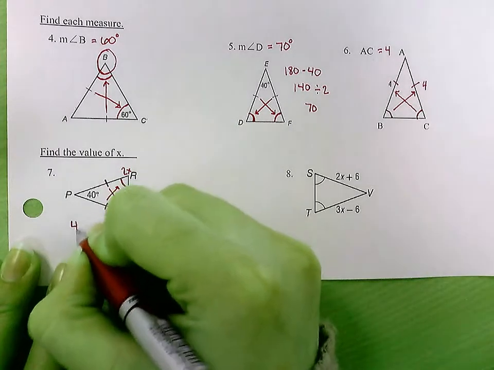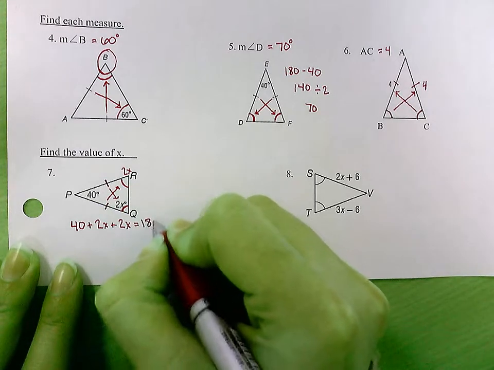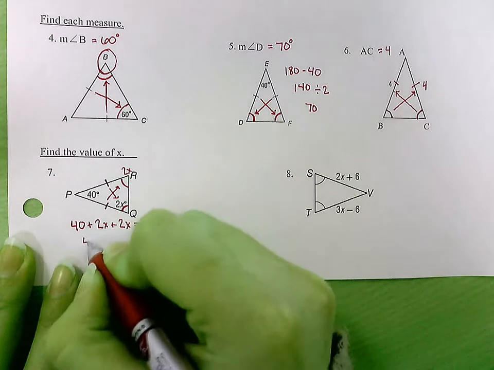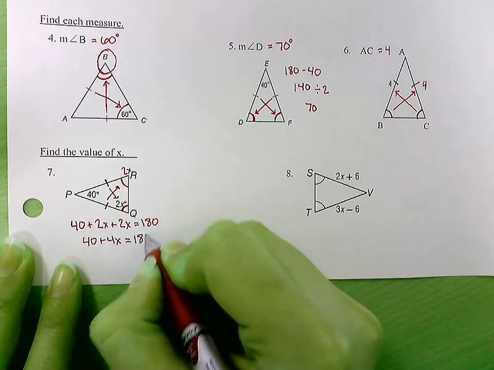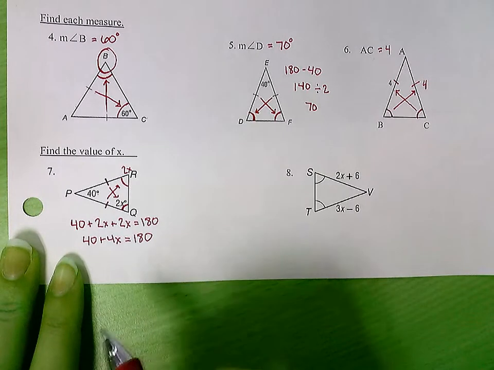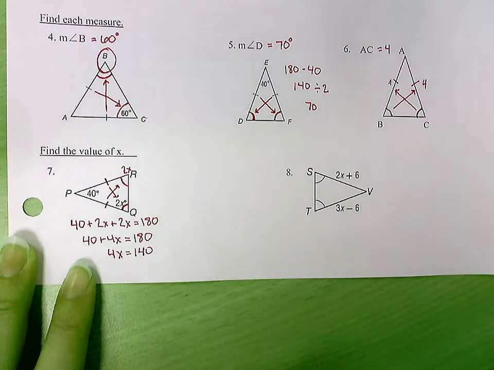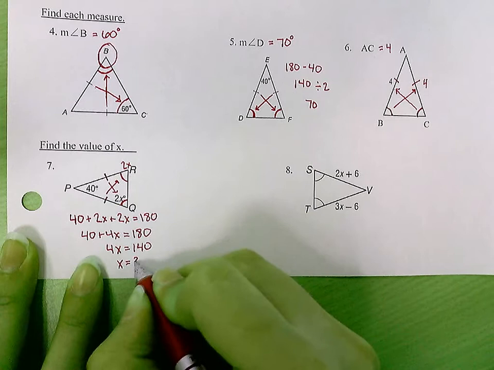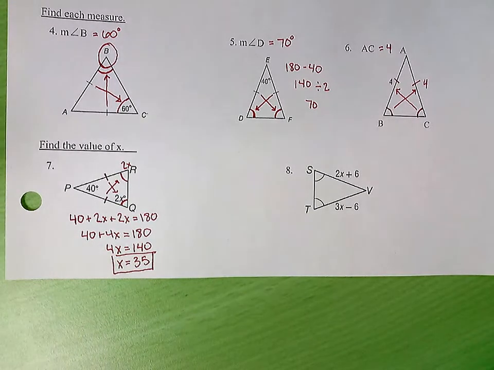So I can add up all three of those and set it equal to 180. So the 40, the 2x, and the 2x. Okay, so I have 40 combined like terms plus 4x equals 180. Subtract 40. And divide by 4. X will be 35. That's one way.